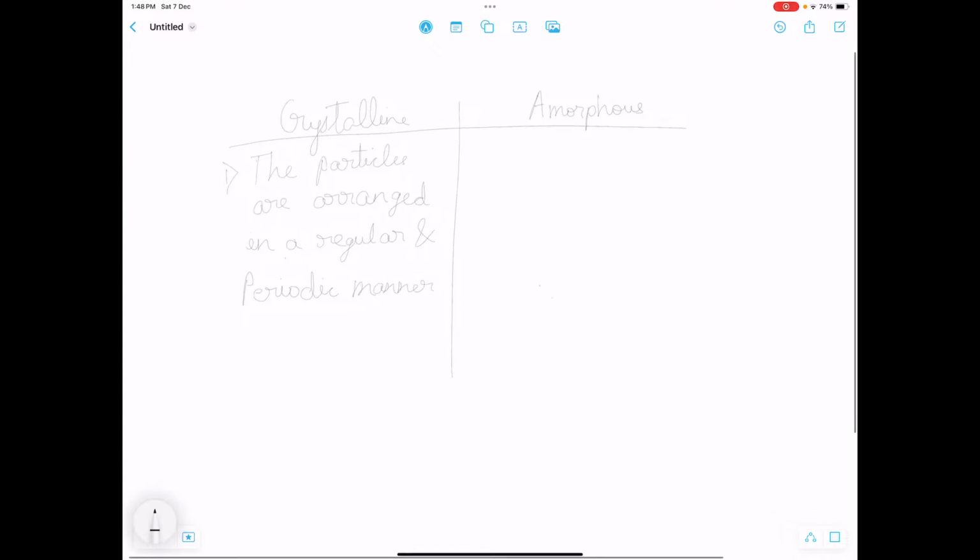Whereas here particles are arranged randomly.